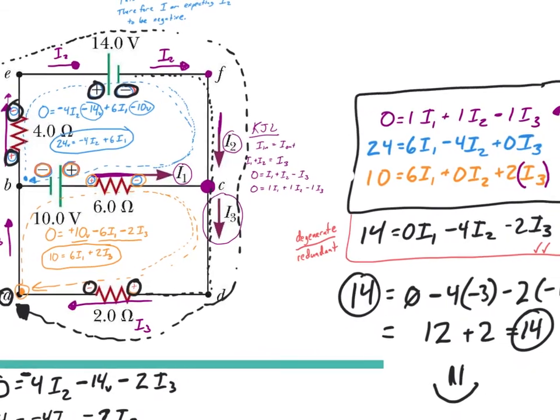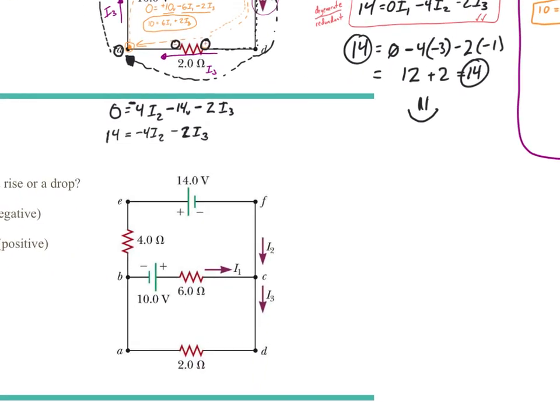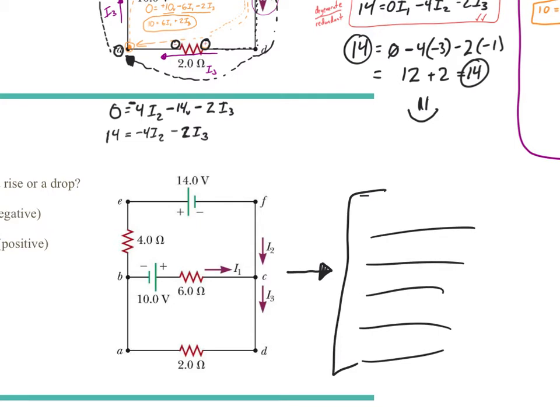So a problem that always appears on the midterm for me is me giving you a circuit and saying, all right, from that circuit, I give you a list of a whole bunch of equations. Which of these follow the Kirchhoff laws for this circuit?